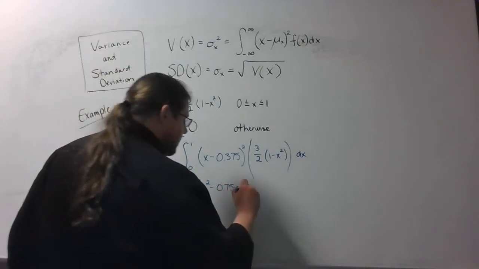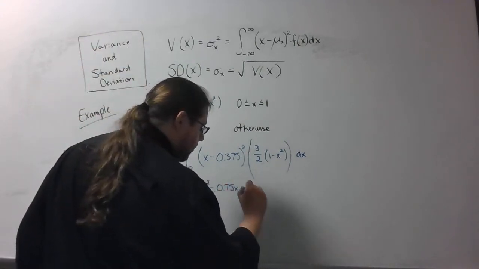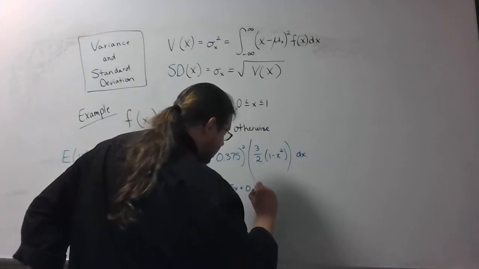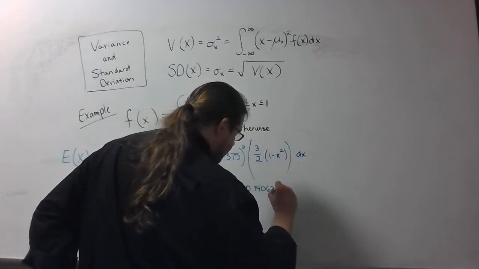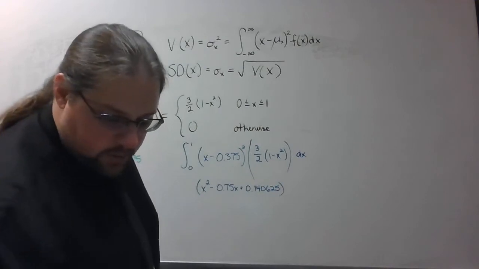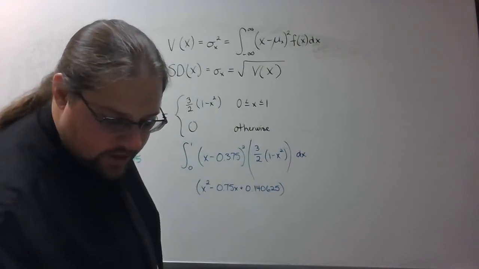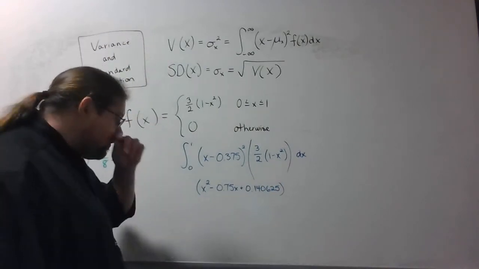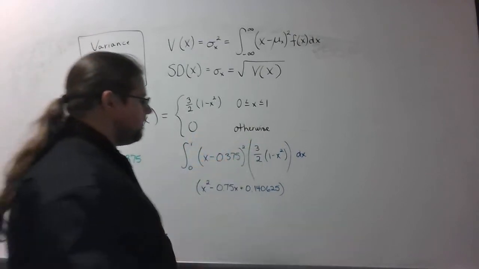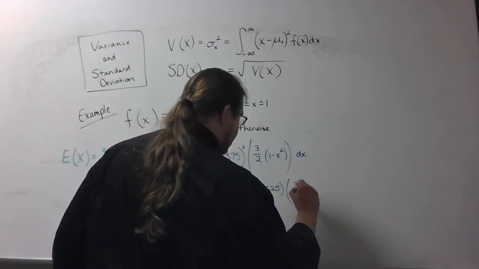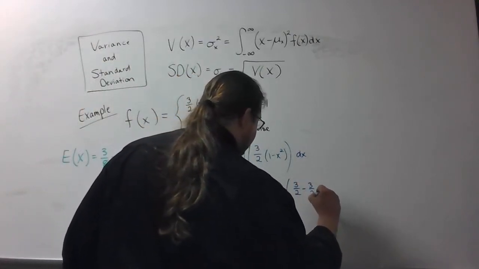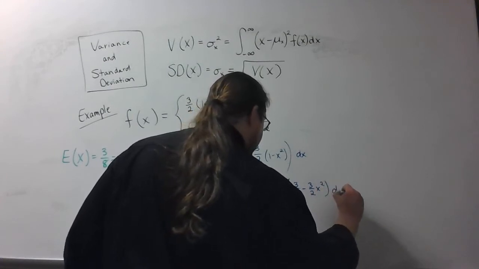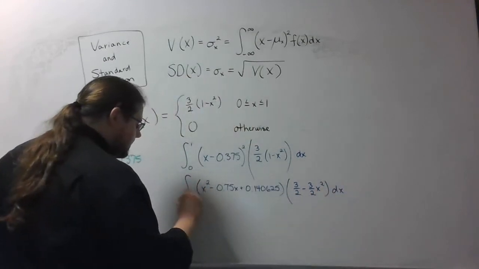Big long number. Plus 0.140625. That's what happens if I take 0.375 and I square it. Then I've got that, what we have already done many times is 3/2 minus 3/2 x squared. This is going to be lots of multiplication.